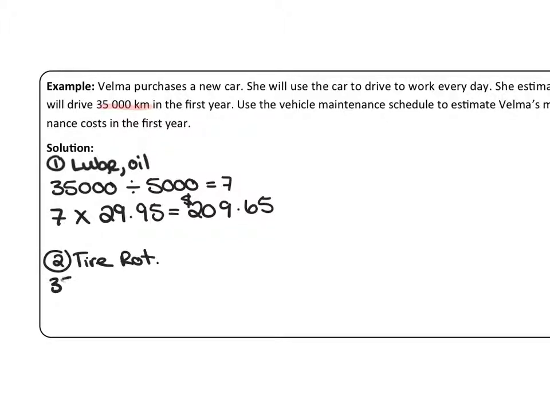So again, 35,000 divided by 10,000 means she should do it 3.5 times. Now, because it's nicer when you're approximating your cost to overestimate than to underestimate, I'm going to round it up to 4 times. So in this case, Velma will do approximately 4 of them.